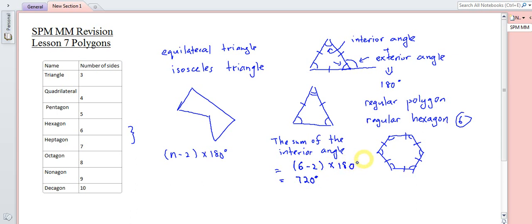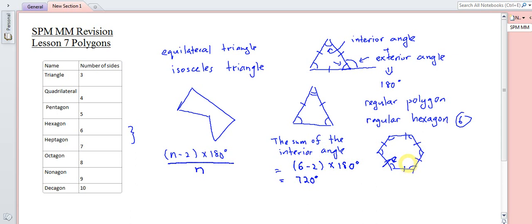Okay, so for a regular hexagon or regular heptagon or any regular polygon, if we want to calculate the angle for only one vertex, we just divide the sum of the interior angles by n, because every angle here is the same, they have the same size.